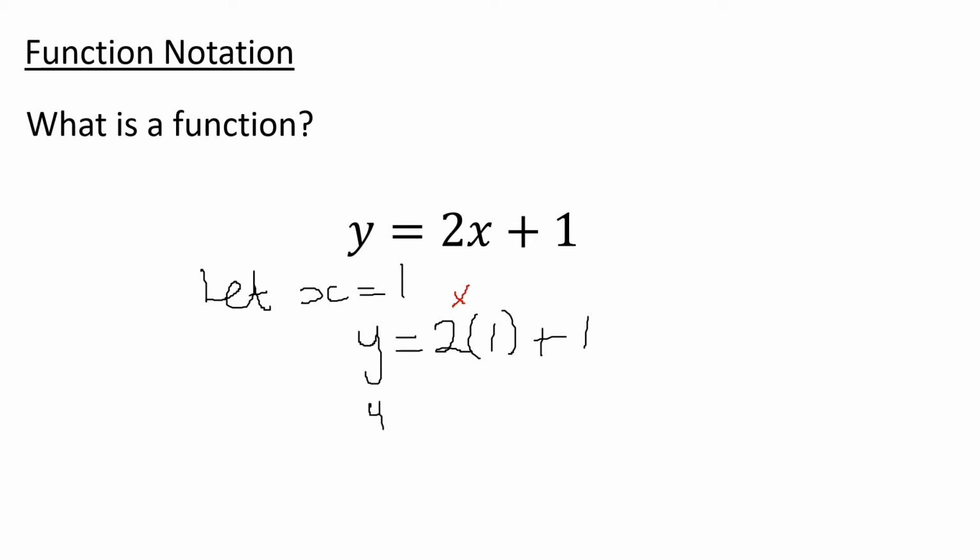So if we times them together, we would be left with y equals 2 plus 1, and y would equal 3. So in that, we have put an input of x equals 1 and got an output of y equals 3. So that is a function.